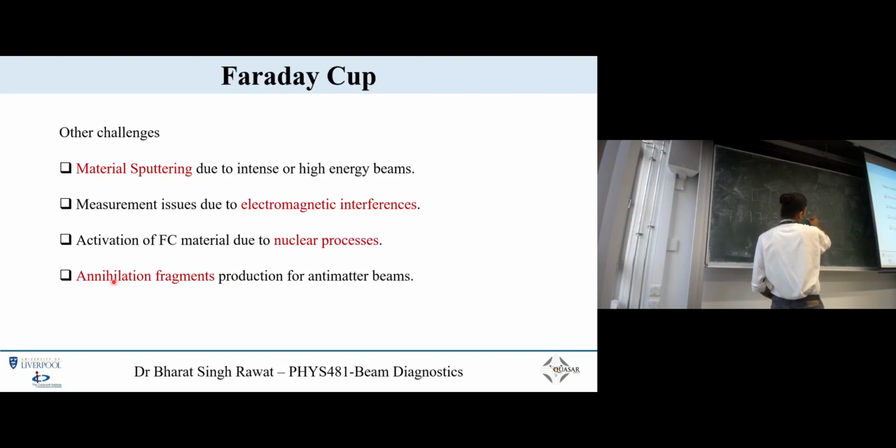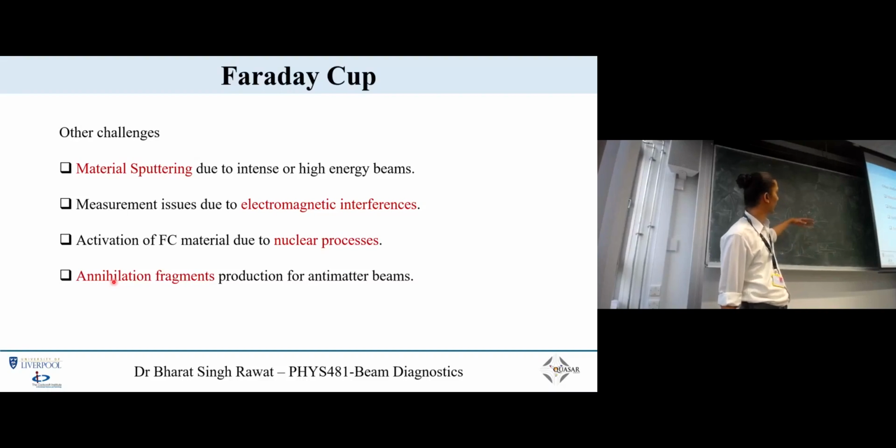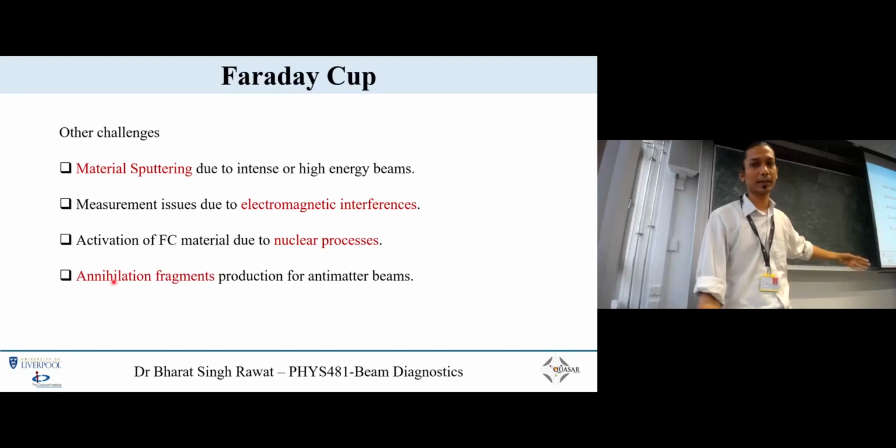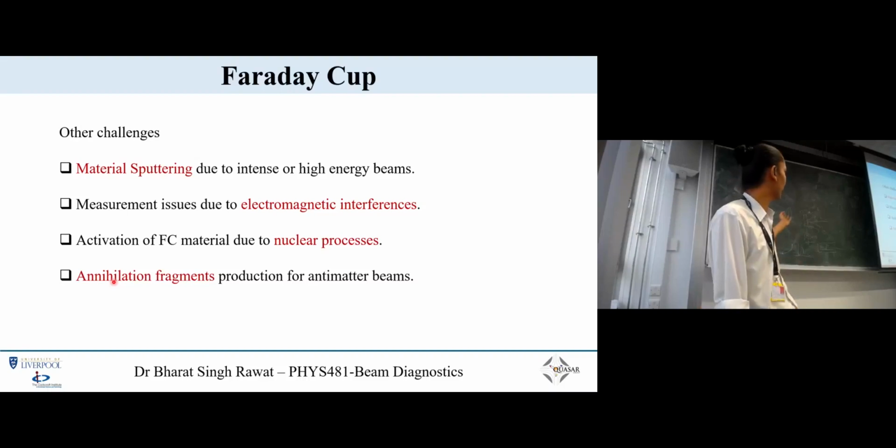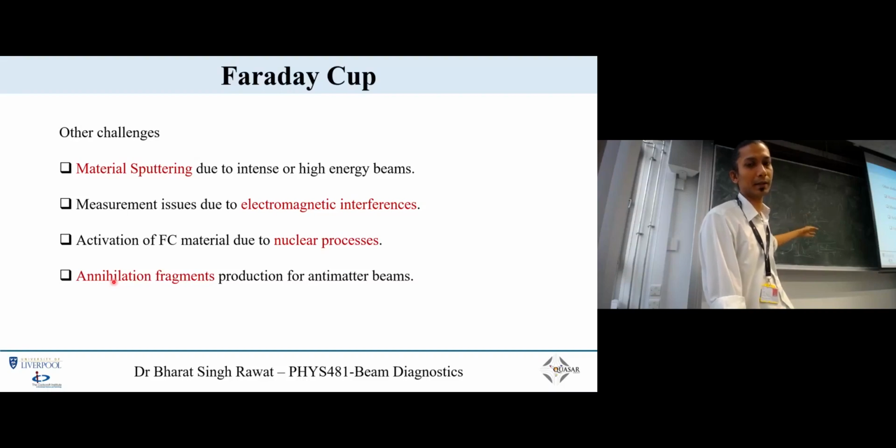But sputtering can also cause deposition on these kind of ceramics which are used for isolating, and with time, as the material deposits on the electrode, chances are it will create a conducting path through this ceramic, and this causes errors in your measurement. So you are applying, let's say, 500 volts, but actually you get more voltage because it has become conducting.